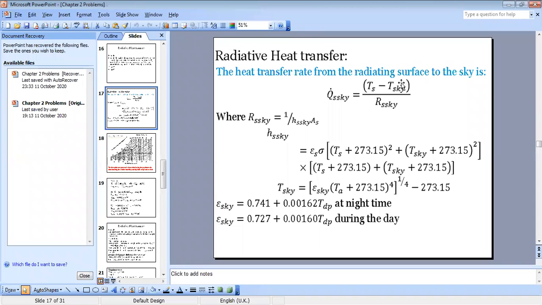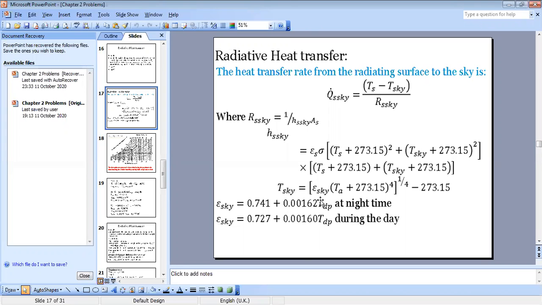The ambient temperature is different from the sky temperature, because when they say sky, they mean very far from the surface. These are the empirical relations provided by the problem, so you don't have to know anything from before. All you have to do is apply the formulation in your problem.